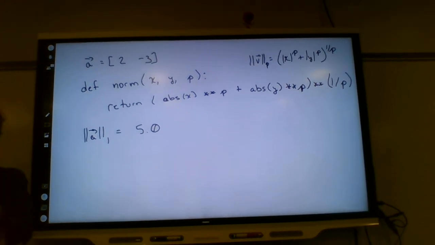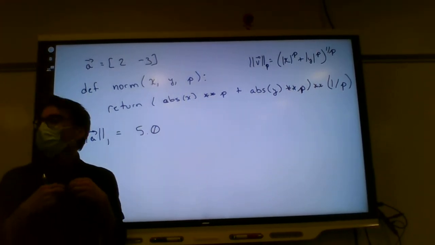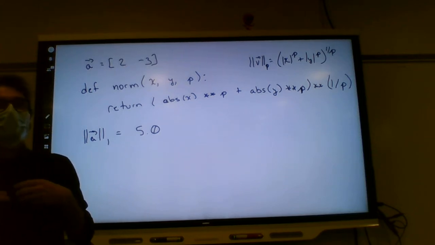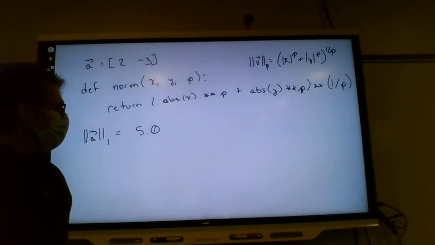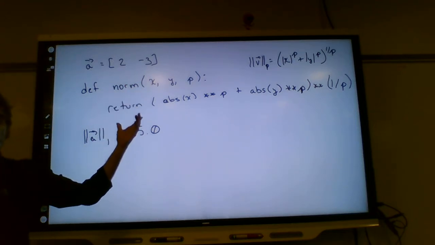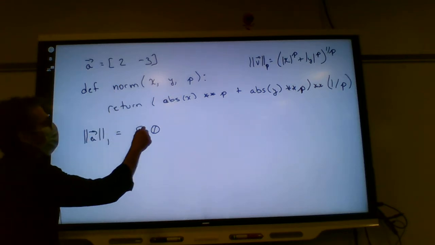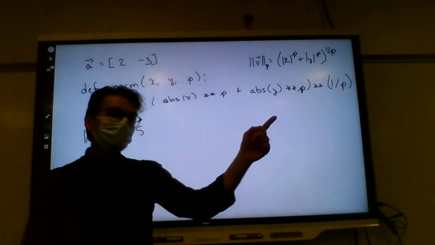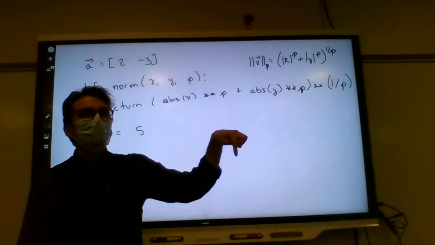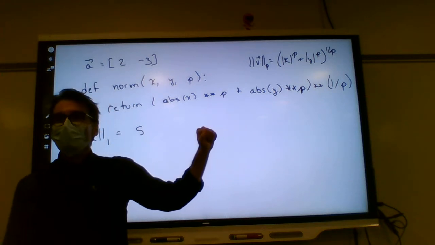Even though it was all integers, it makes a change because of raising those things to, well, actually, the 1 over p root. That method causes it to become a float. All right, so again, it's 5, but Python's going to call it 5.0. All right, so what does that mean? That would mean you've gone 2 that direction and 3 in the negative y direction in that particular case.